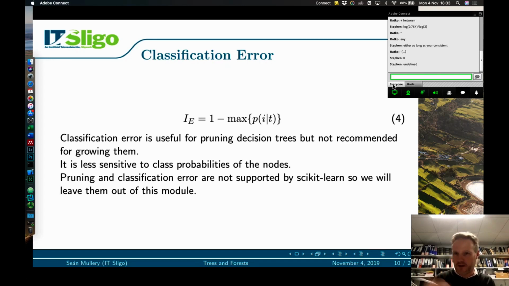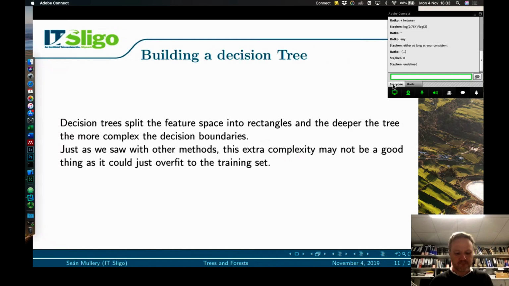So generally pruning is used as a mechanism to stop overfitting. This one is less sensitive to class probabilities of the nodes. Pruning and classification error are not supported by scikit-learn, so that's why I'm leaving them out in this particular thing, but I don't want to just go by without mentioning them all the same.